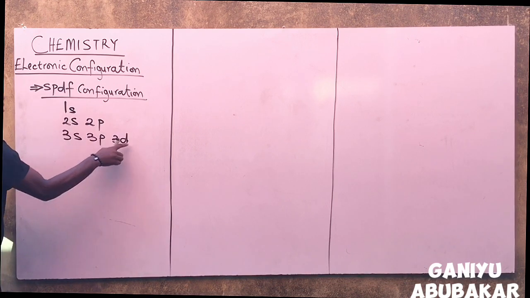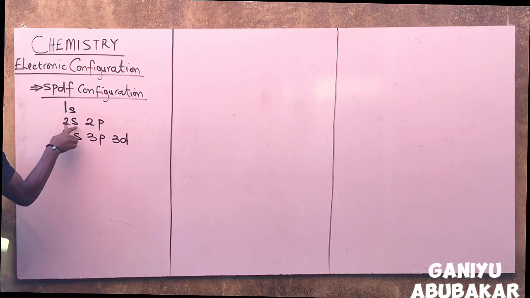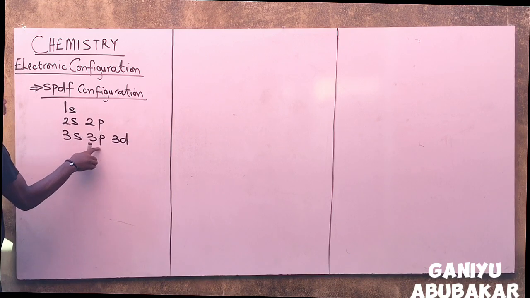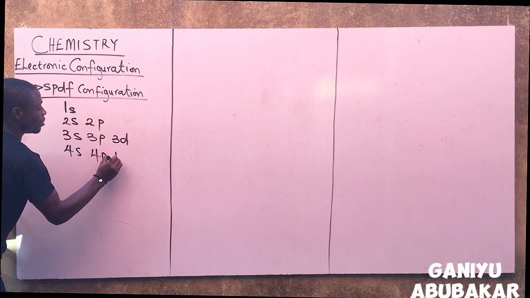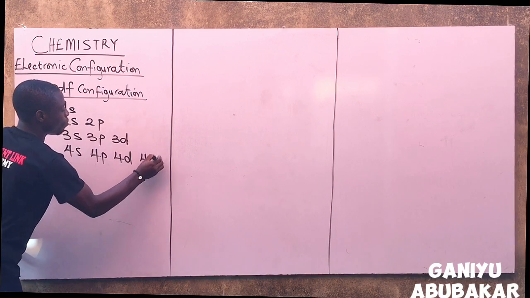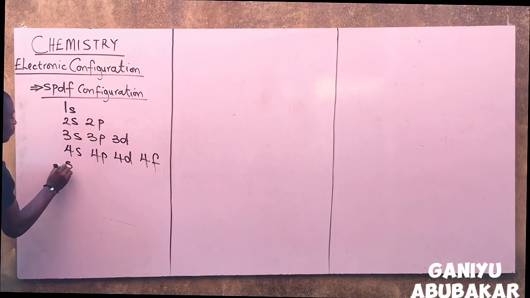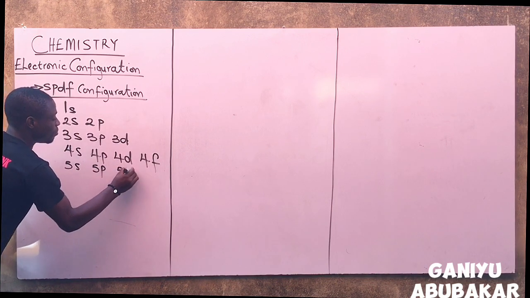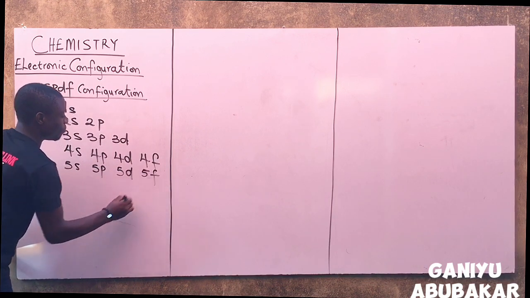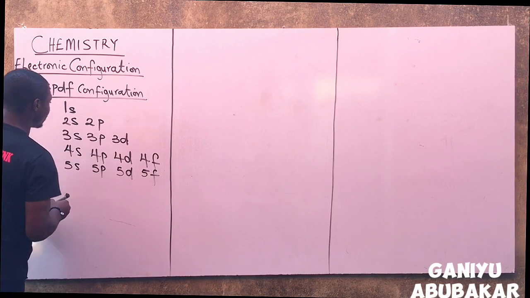Observe, 1s, 2s, 2p, 3s, 3p, next up 3d, 4s, 4p, 4d, and 4f, 5s, 5p, 5d, 5f, right? And it continues that way, right?